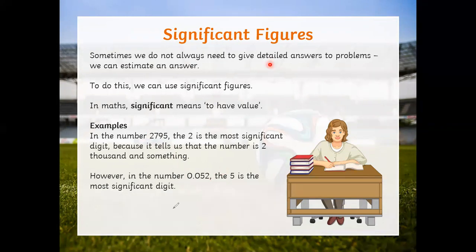So if we had 2.038, the 2 is the most significant digit because it is the largest number and it has the biggest impact on what the number is overall. But if this was 0.038, then the 3 would be the most significant.